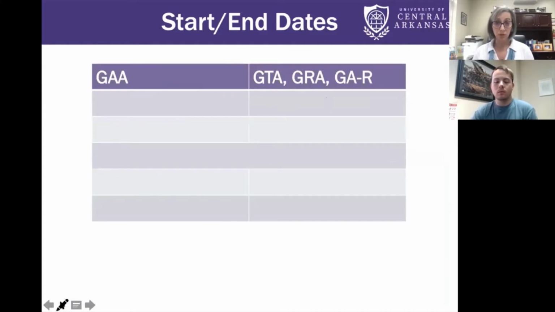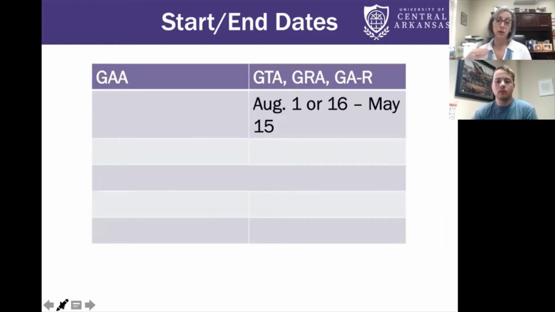In terms of those start and end dates, the other piece to us being able to easily argue that we're meeting minimum wage is by having uniform or almost uniform start dates. So for GTAs, GRAs, and GARs who are employed continuously for fall and spring semester, they should have a start date of August 1st or August 16th, and then an end date of May 15th.